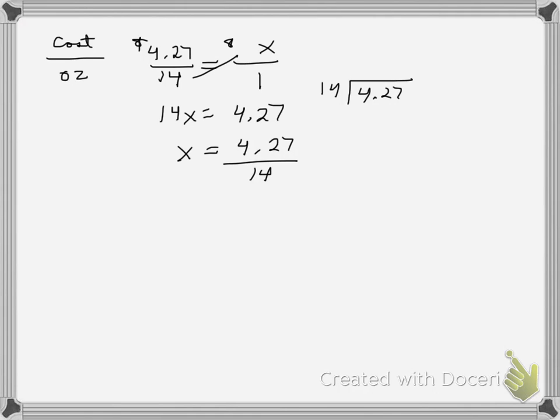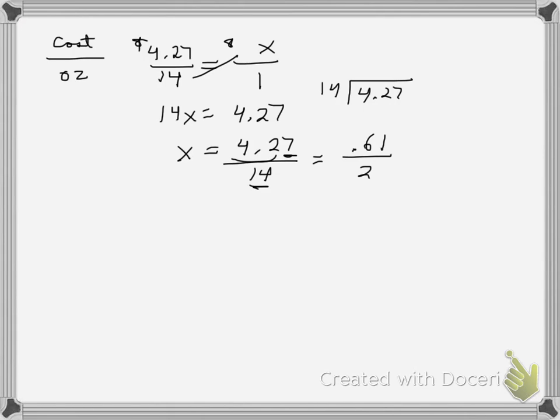Or I notice that 42 is 7 times something, and 7 goes in evenly to 7, goes in evenly to 7. So if I cancel, I would get 0.61, taking 7 out of the bottom, out of 2, and then I can do my division quickly.